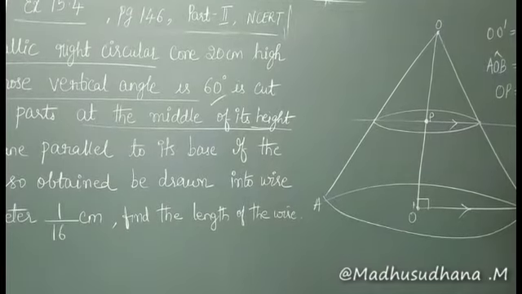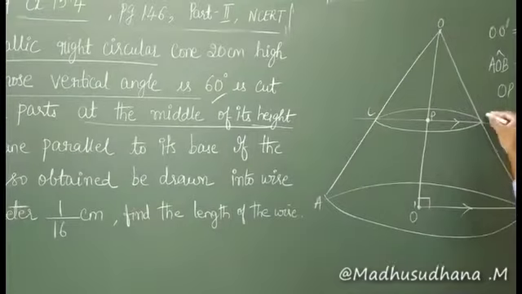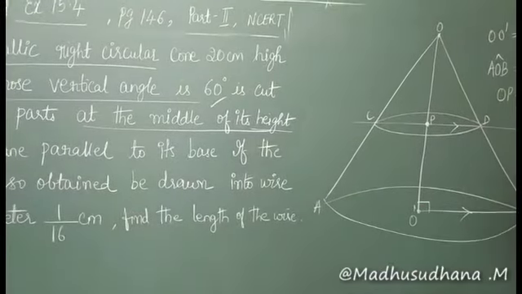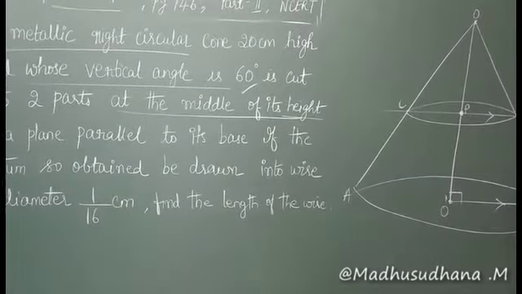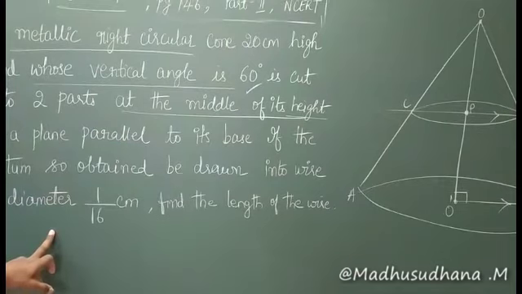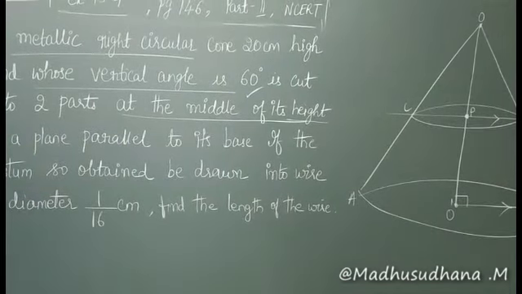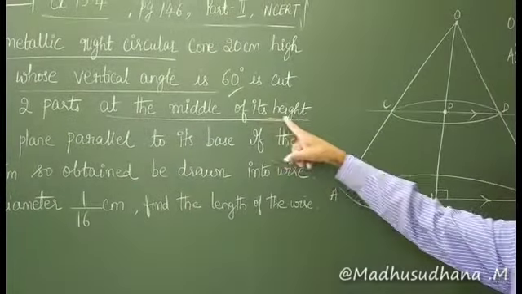If the frustum, so now we have a frustum here. So let me write, this is C and this is D here, okay. If the frustum so obtained is drawn into wire of diameter, we need to find the length of the wire. So please understand, it is cut at the middle of its height, right?